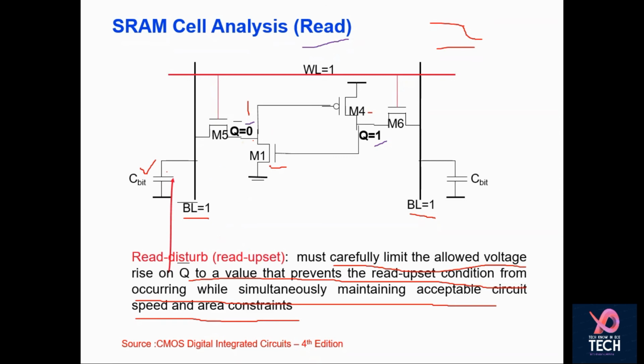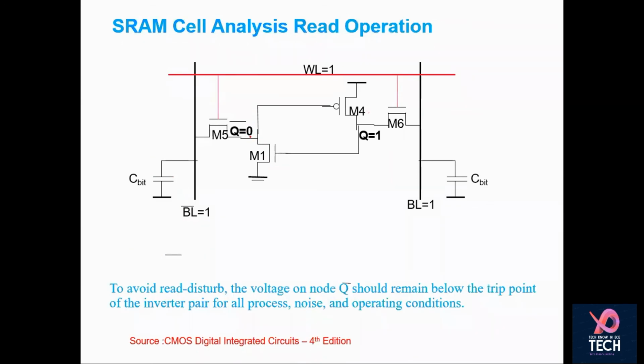That is maintained by keeping the W/L ratios in such a manner that this transistor is off and this transistor is on. Only if this transistor is on can zero be maintained. If this transistor turns off in between, this will not be zero and it can become 1. That's the problem, so these things need to be taken care of when we design an SRAM cell.